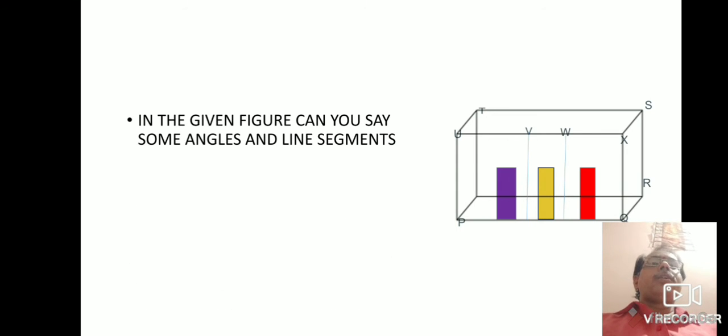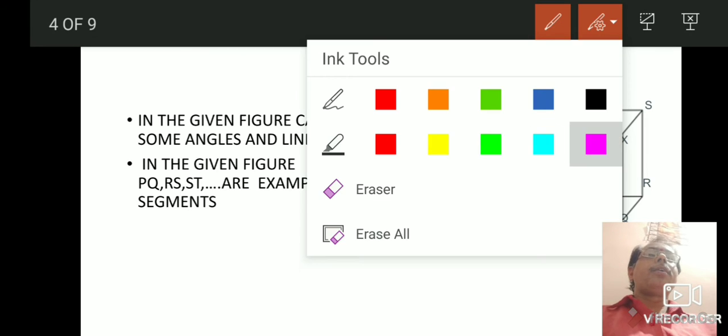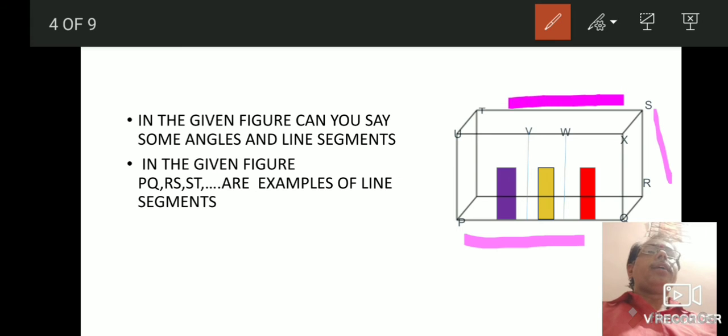Now in the given figure, can you say some angles and line segments? Yes, you can easily say. In the given figure, PQ, RS, ST are examples of line segments. So here also you have to draw this figure in your notebook and try to do this activity and write all other line segments.